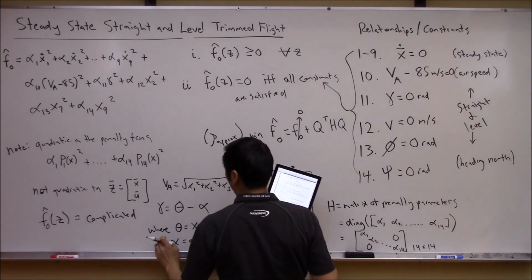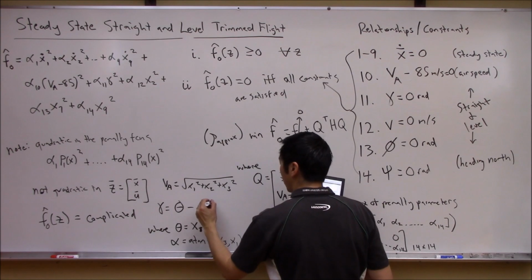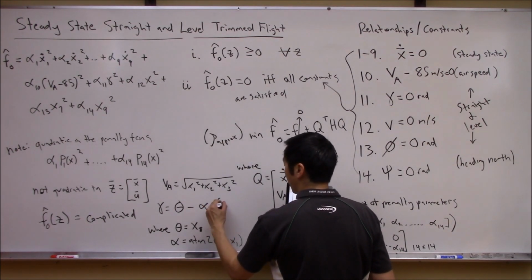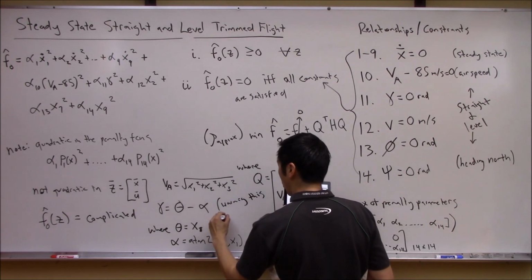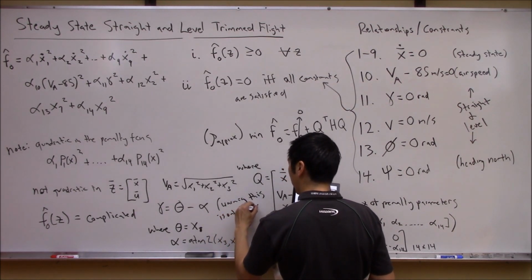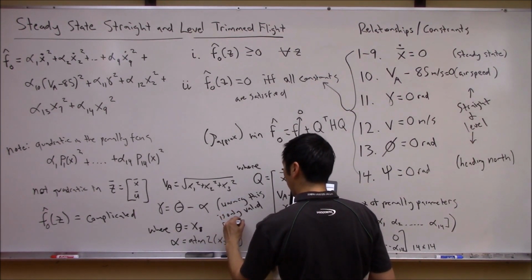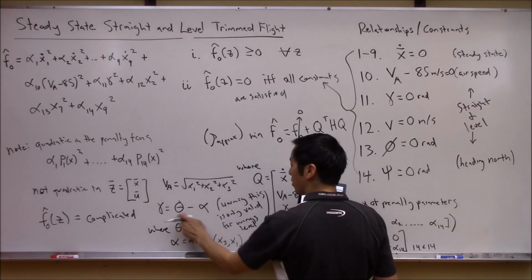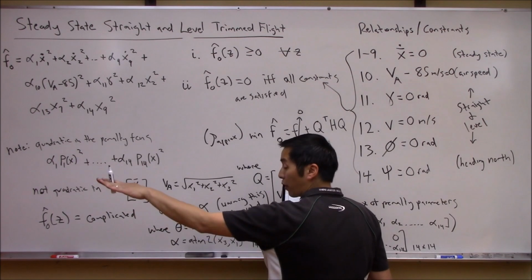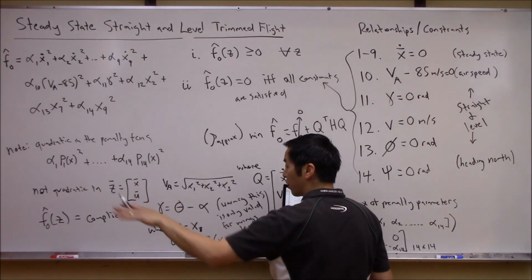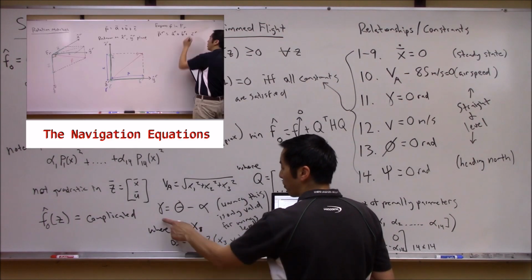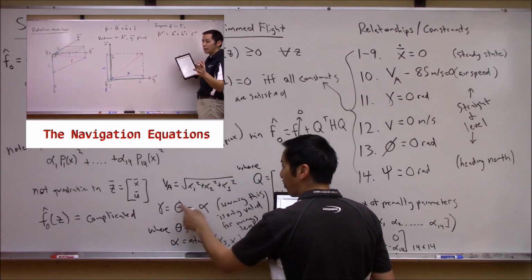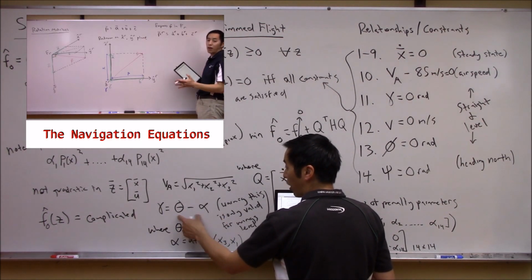Now, the other thing we should note is a little asterisk and a warning: this is only valid for wings level. If your bank angle is 0, this is a good formulation for the flight path angle of the center of gravity of the vehicle. Later down the road, when we start studying navigation equations, we'll come up with a much better, more robust expression for gamma.